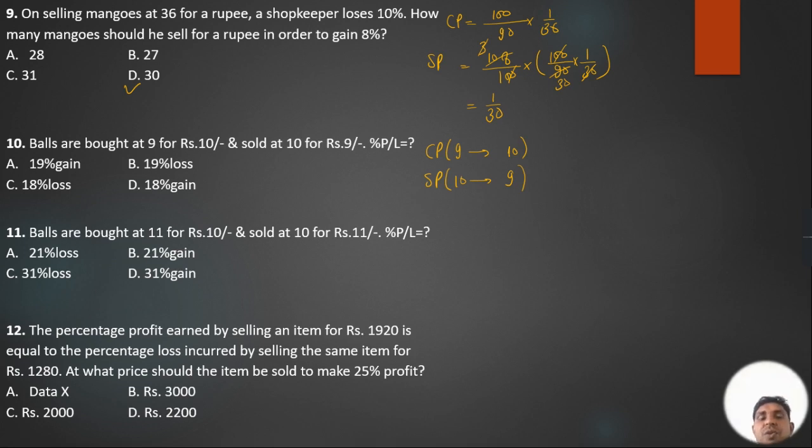Find the percentage profit or loss. What you have to do is just cross multiply. You multiply this 10 with this 10, you will get 100, and assume this 100 as the cost price, and multiply this 9 with this 9, you will get 81, and assume this 81 as the selling price.